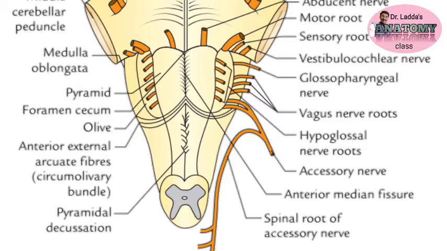What is opposite to anterior? Exactly, posterior median fissure. Looking at the anterior aspect, there is an anterior median fissure in the medulla oblongata, and in the posterior aspect there is a posterior median fissure.